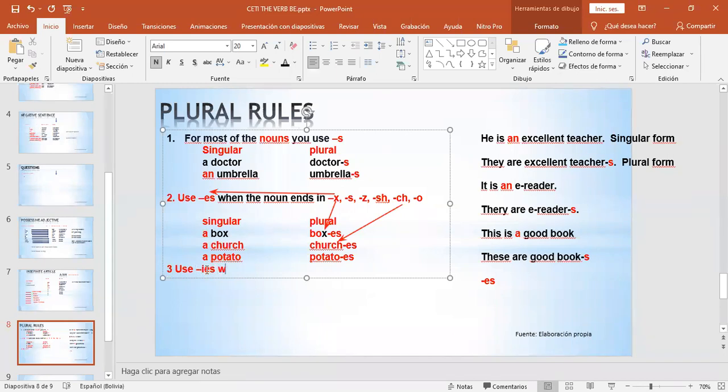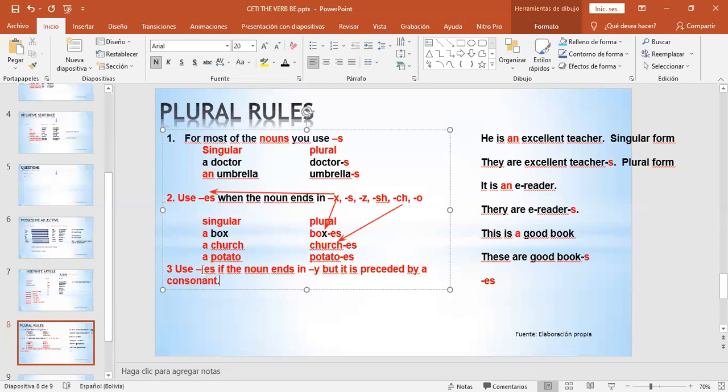Use IES if the noun, I'm talking about nouns just in case, how do we convert singular nouns to plural? Use IES if the noun ends in Y, but it is preceded by a consonant.